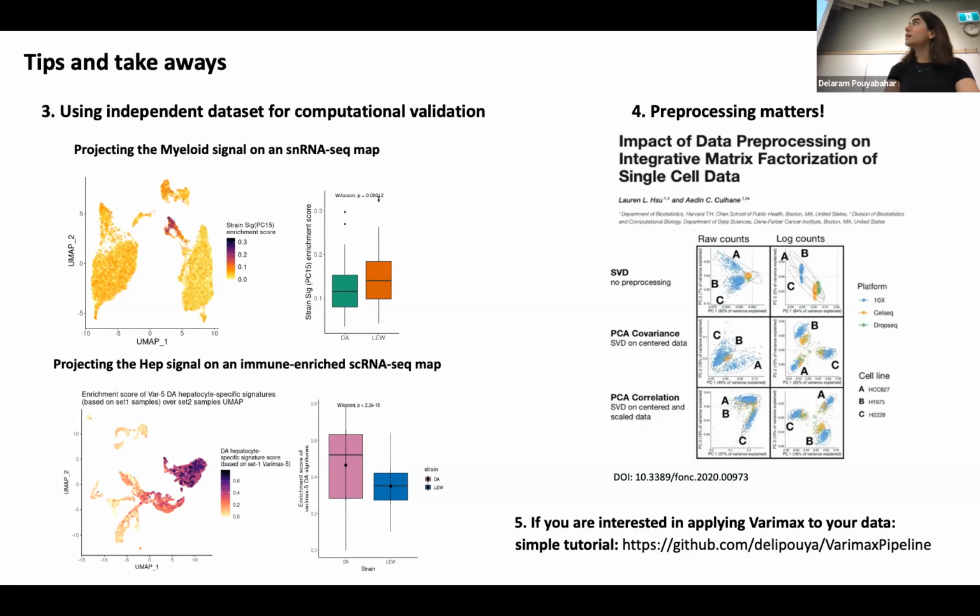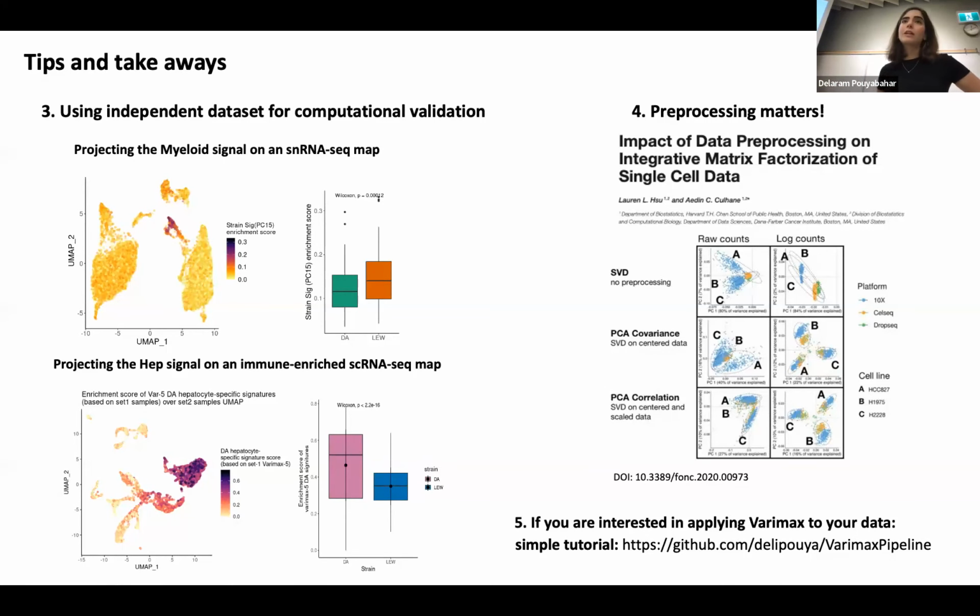One way that you can do computational validation of your signals of interest is to use independent data sets to project the factor that you've learned into. So you could select the highly loaded genes, convert that to a gene set, and use tools like UCell or AUCell to evaluate the enrichment of that gene set of interest in different maps.